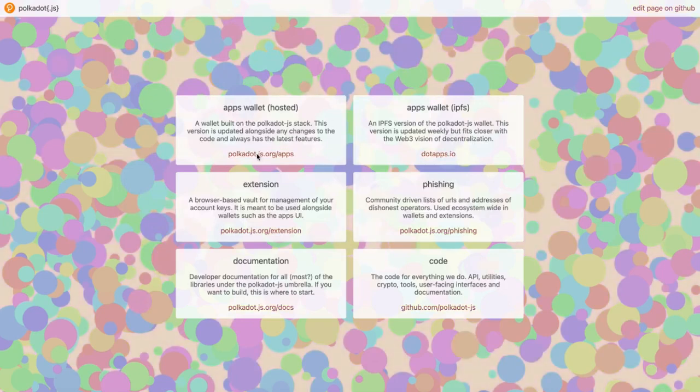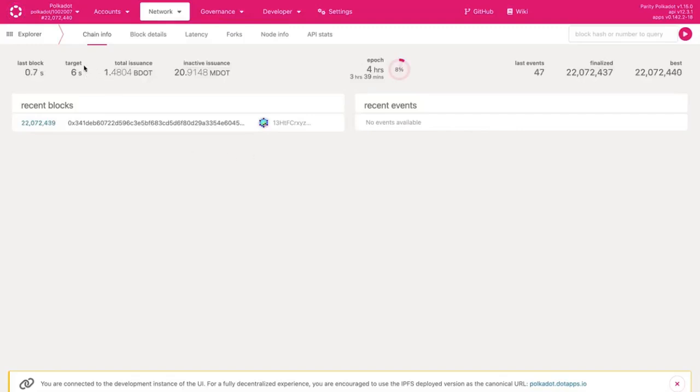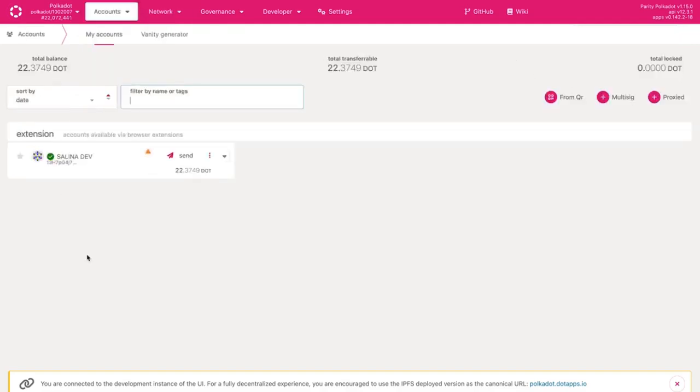So now let's take a look at the Polkadot org to see how it works. Here, we're on Polkadot org. We go to Accounts, and here you can see your accounts connected to the wallet.